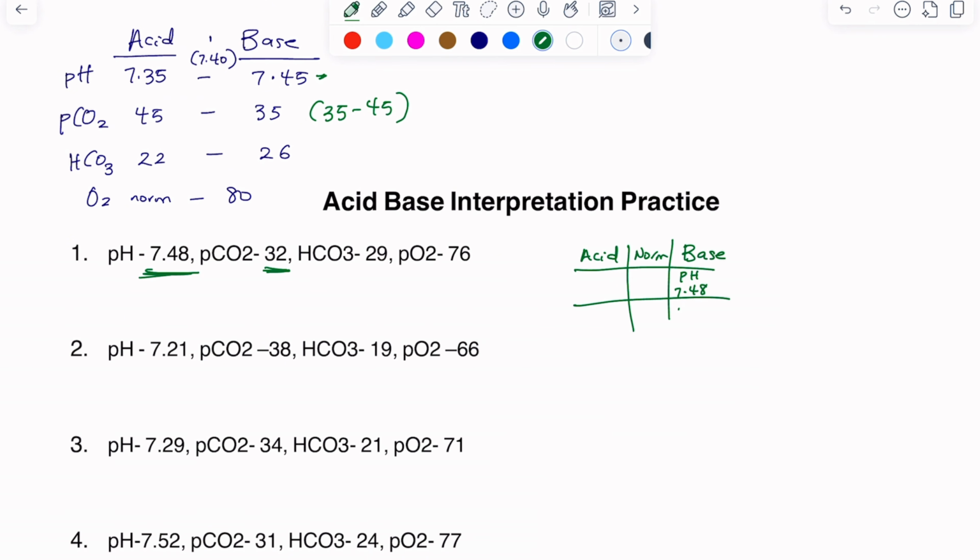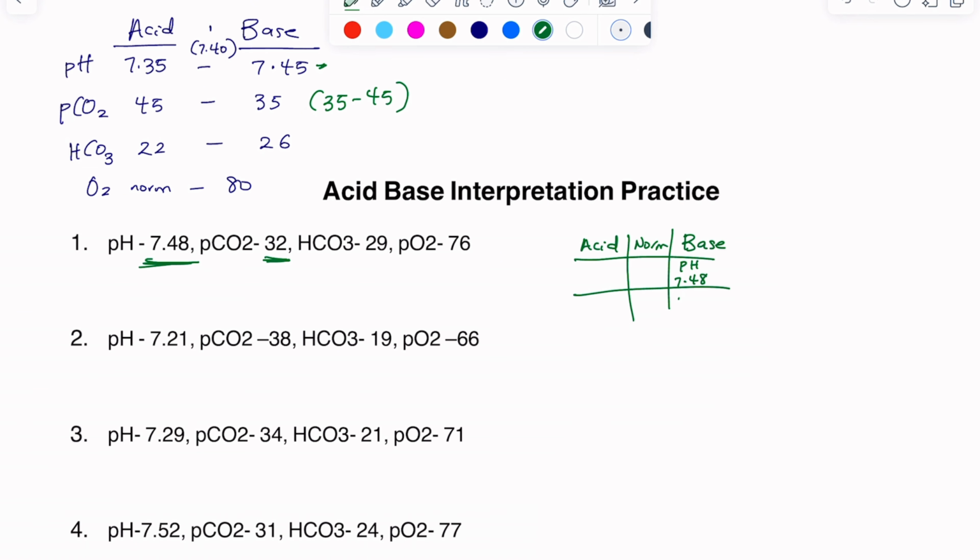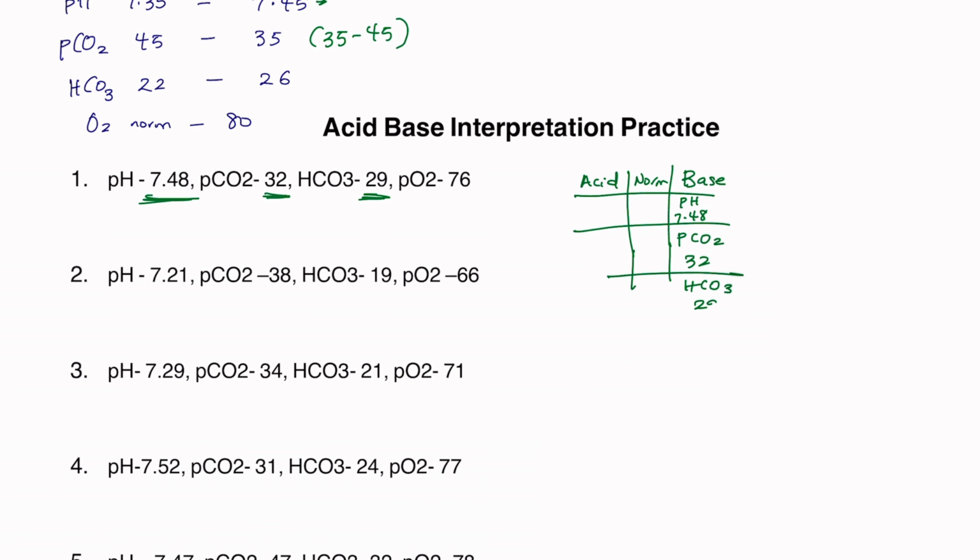So if it's 32, it's towards the basic range. So we want to come here and write PCO2 32. Then our HCO3 is 29, which is also towards the basic range, as you can see here. So we'll come here and write HCO3 29.